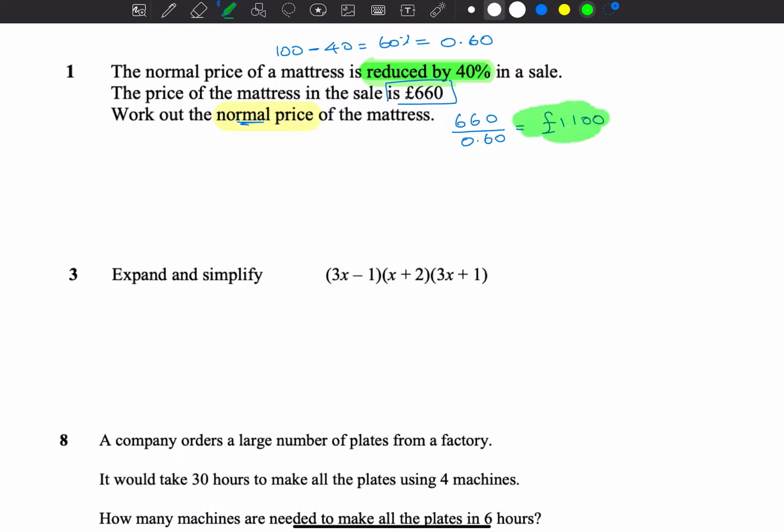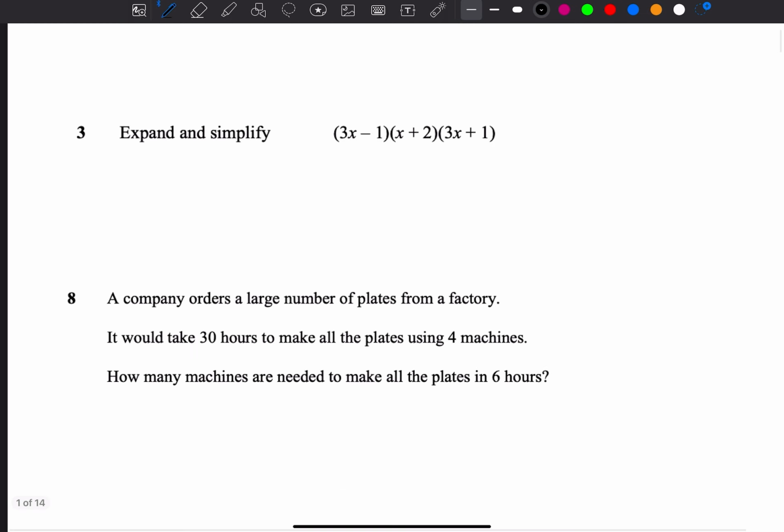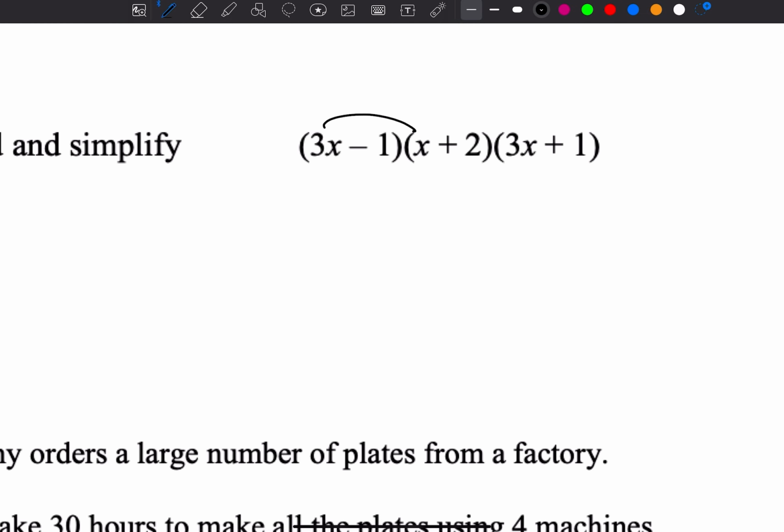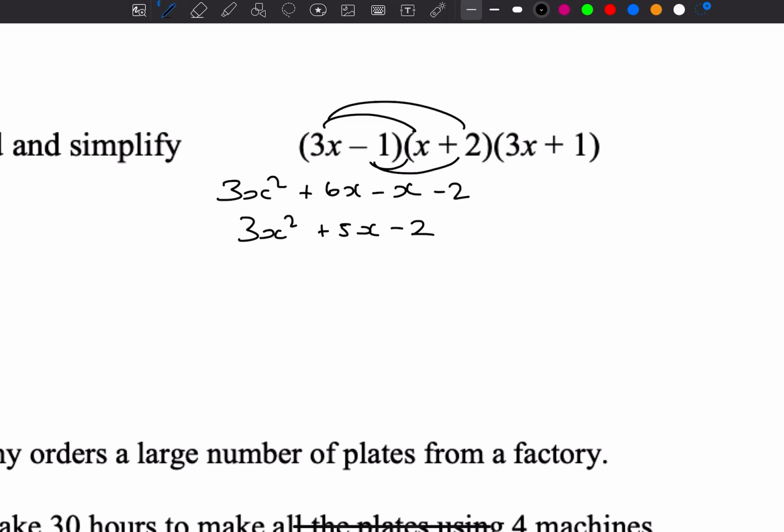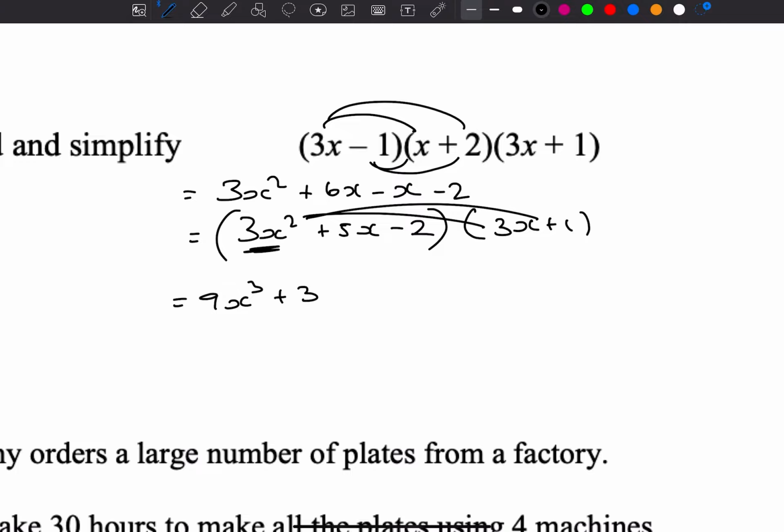Okay, next one, expanding triple brackets. So we will expand these two brackets first. 3x squared plus 6x minus 1x minus 2, that will give you 3x squared plus 5x minus 2. Then we expand it with that 3x plus 1. If you multiply with the 3x squared here and here, that will give you 9x cubed plus 3x squared.